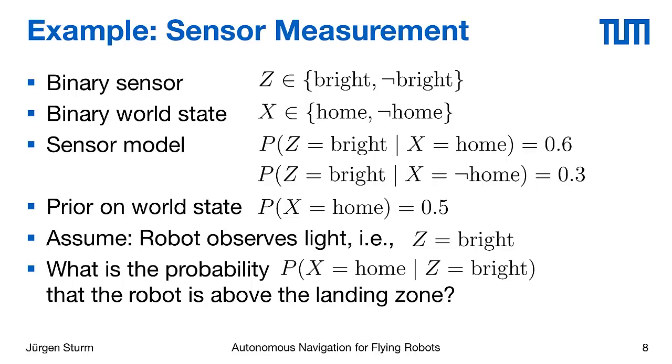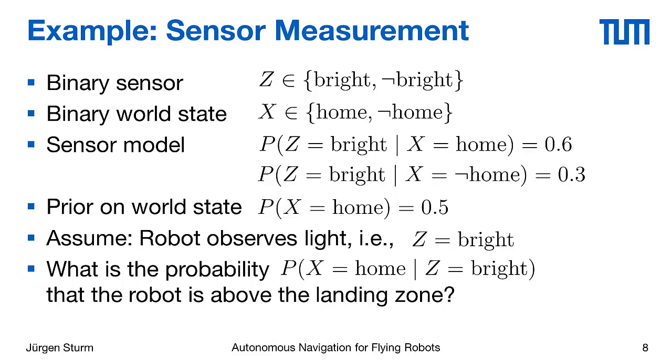And our world state is also quite simple. We are only interested in this binary variable x, whether we are at home above the landing site or we are not. Now we can specify a sensor model where we specify the probability of detecting brightness when we are above the landing site. For that we could, for example, determine experimentally that the brightness sensor triggers above the landing site with a probability of 60%.